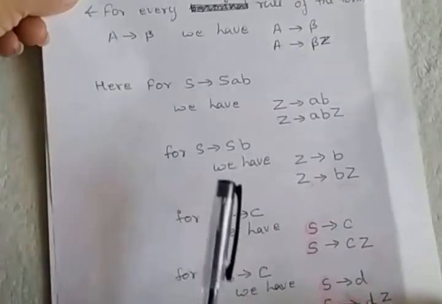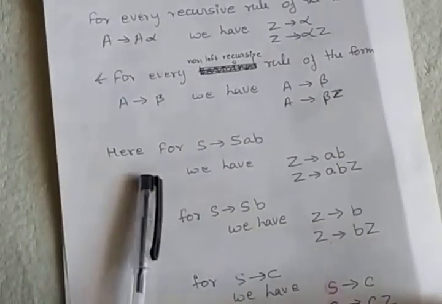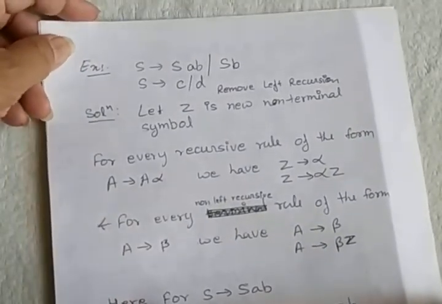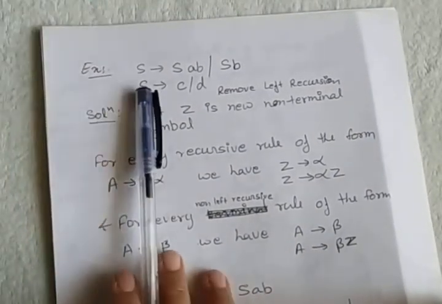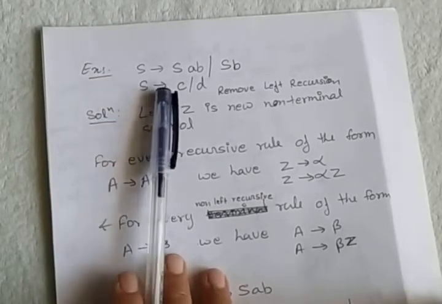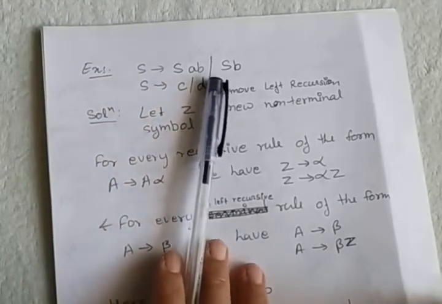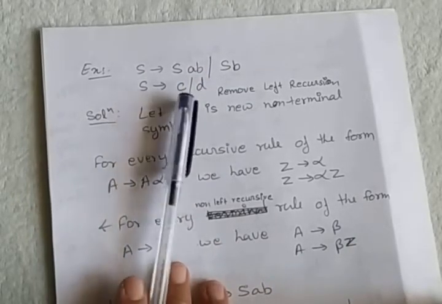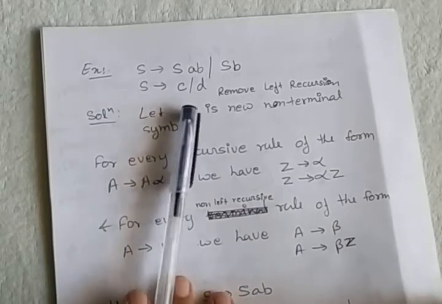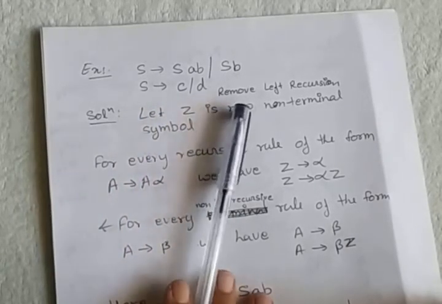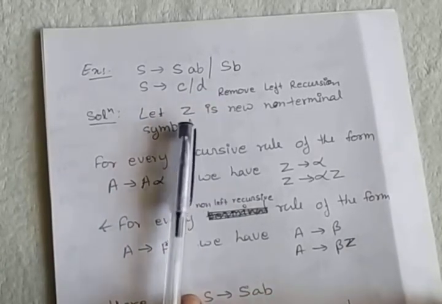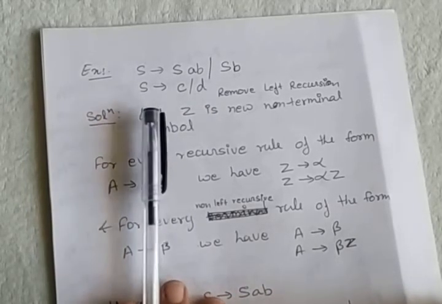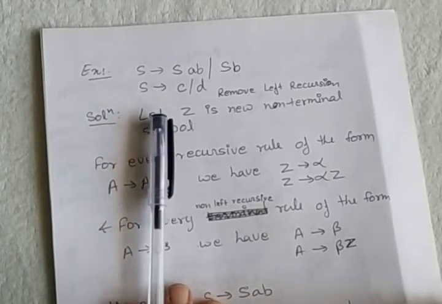Now let's take an example here. We have this grammar, S tends to SAB and S tends to SB. The next rules are S tends to C and S tends to D, and we need to remove the left recursion rules here. When we remove left recursion, we need to introduce one non-terminal.